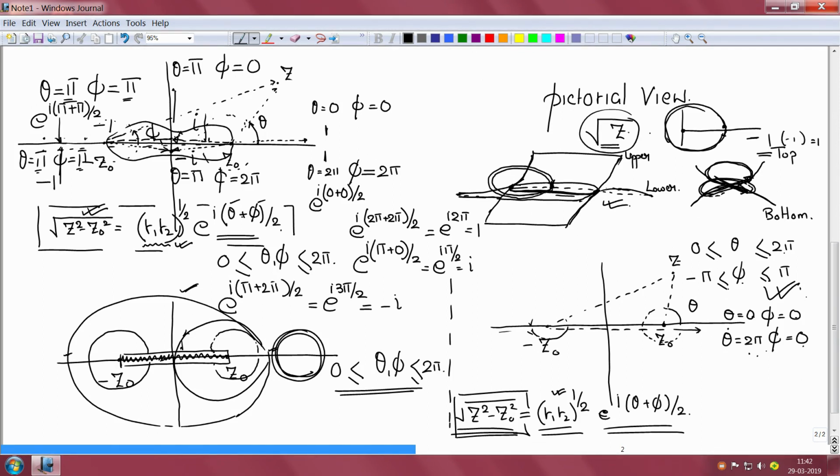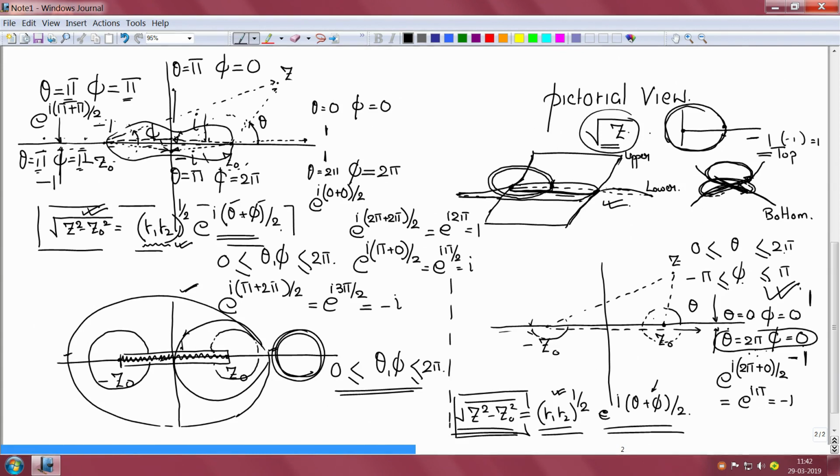So, I have a change in sign now. I have 1 over here, minus 1 over here. So, now I have a jump in value. If I approach from the top, I get 1; if I approach from the bottom, I get minus 1 for this function.